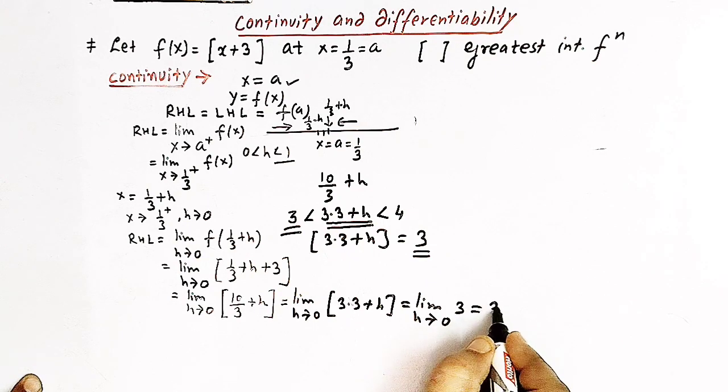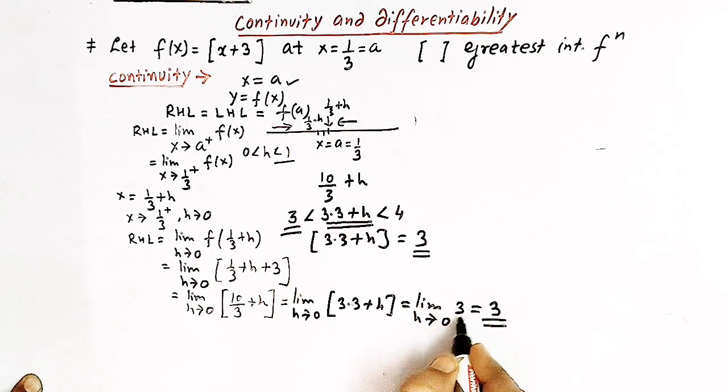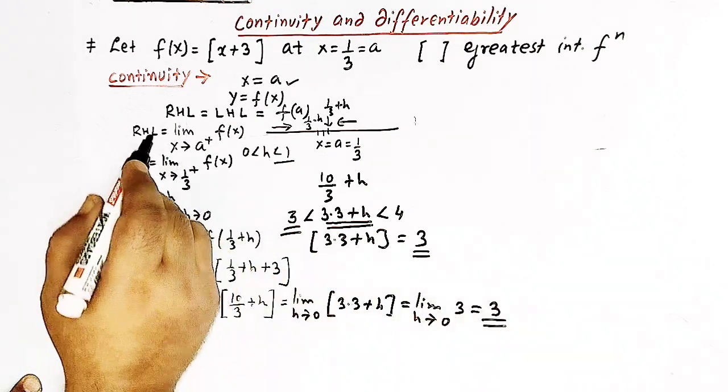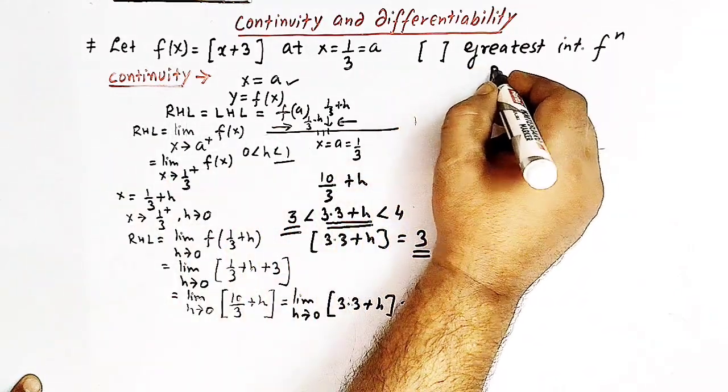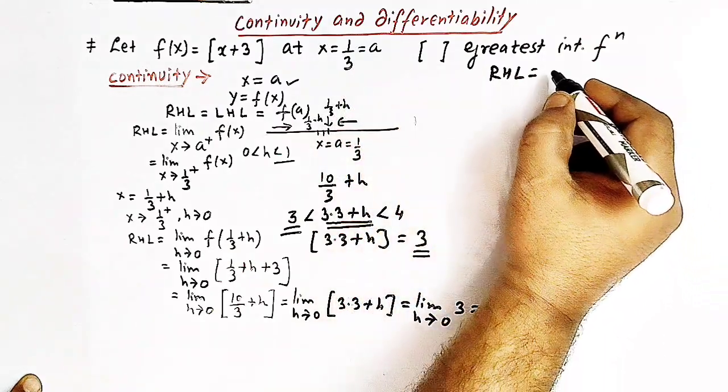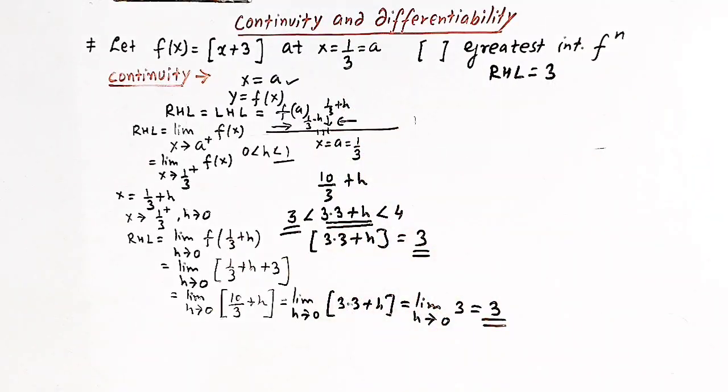So we have simply 3, right? Because this 3 is independent of h. So limit h tends to 0 of 3 is equal to 3. So the right hand limit of this function at x equal to 1 over 3 is equal to 3. Now let us calculate the left hand limit.